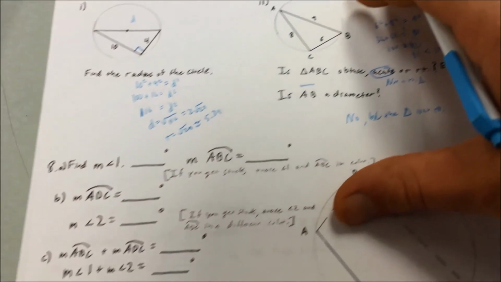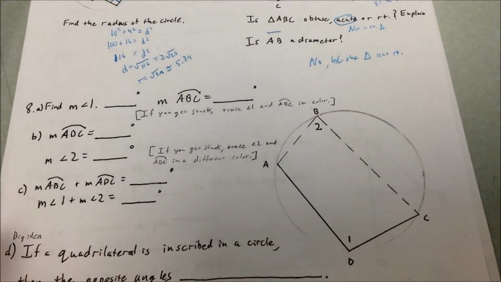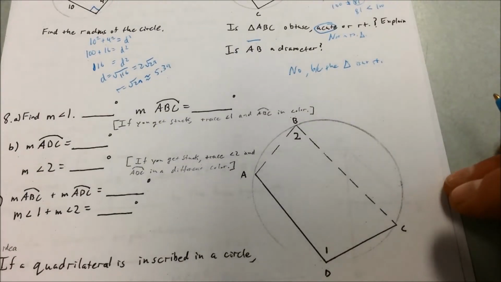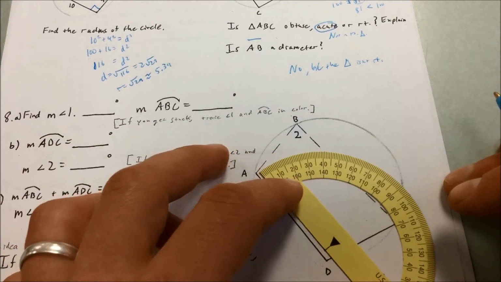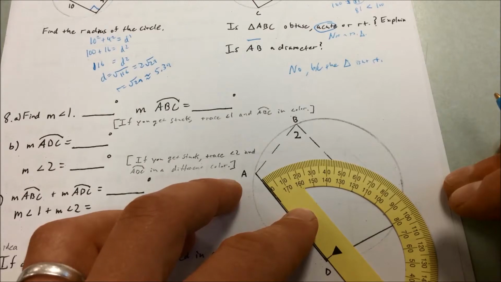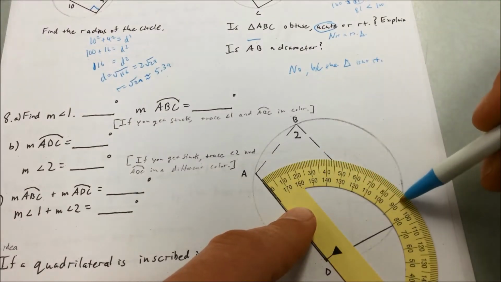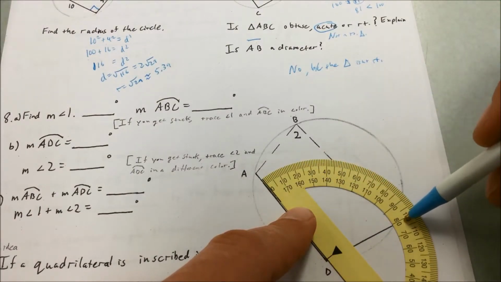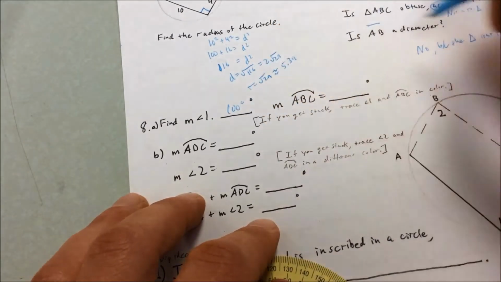Alright, moving on to the next few problems here. I've got to find the measure of angle 1. I'm going to use my protractor here, and the measure of angle 1, well, that looks to me like 100 degrees. Measure of angle 1 is 100 degrees.